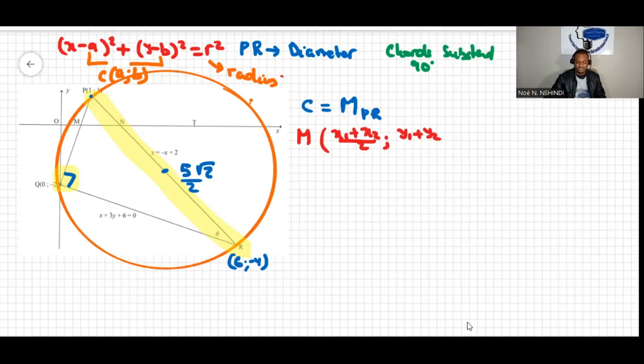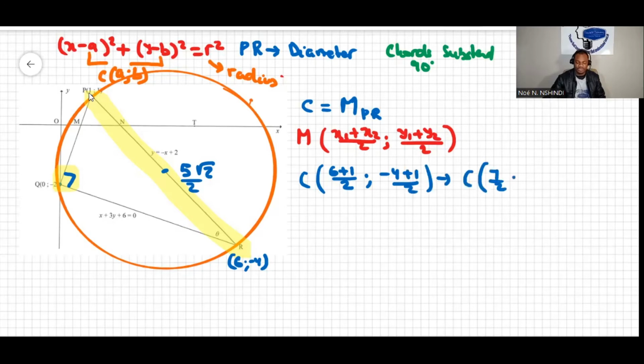So the center will be 6 plus 1 over 2, because the x coordinate here is 6 and the x coordinate there is 1, and the y coordinate over here is -4 and the y coordinate over there is 1, all over 2. Then the center of the circle will be (7 over 2, -3 over 2).